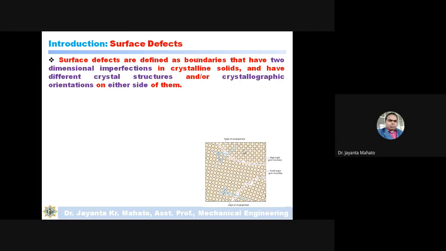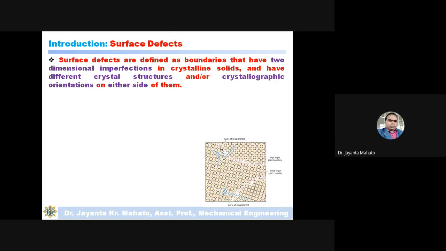That means, suppose this is a crystal structure, a two-dimensional view of a crystal structure. All the atoms are arranged in lattice points, and during the crystallization, what happened?